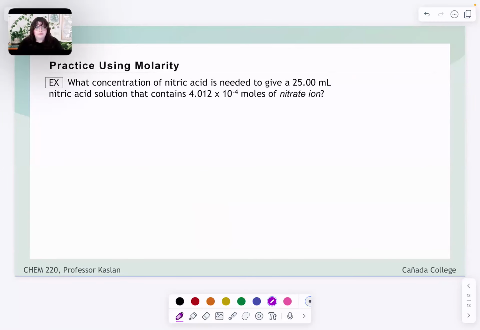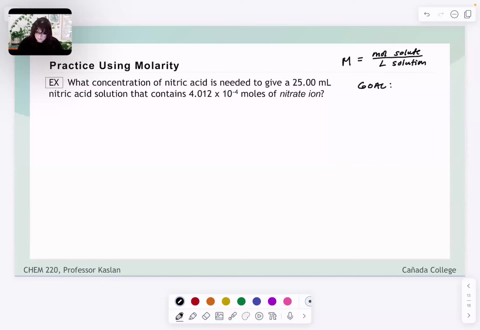Okay. Let's do this, but in reverse. So again, we're using molarity as a conversion factor. So I'm just going to write my definition of molarity. This is moles of solute per liters of solution.